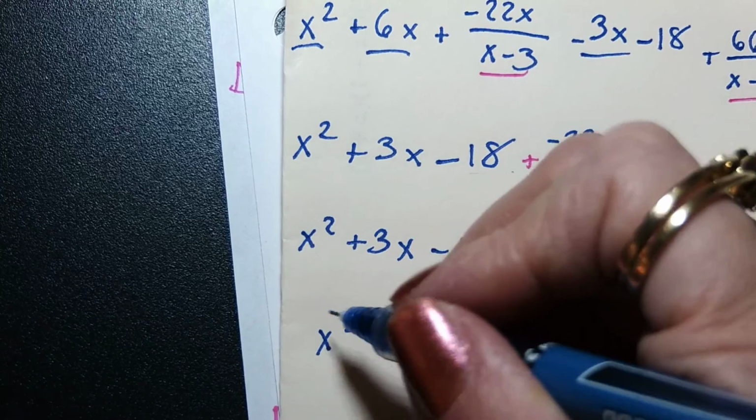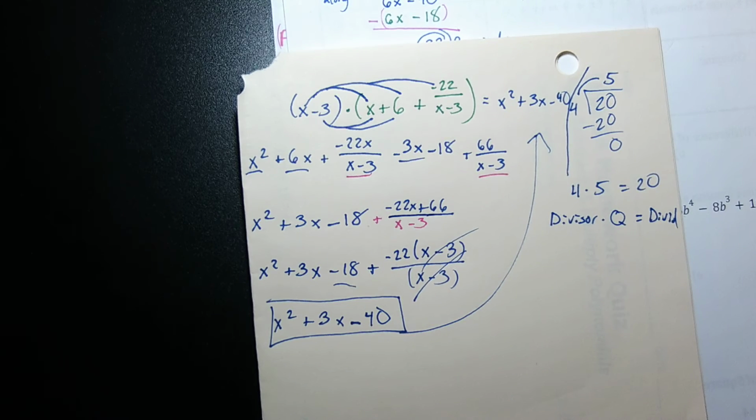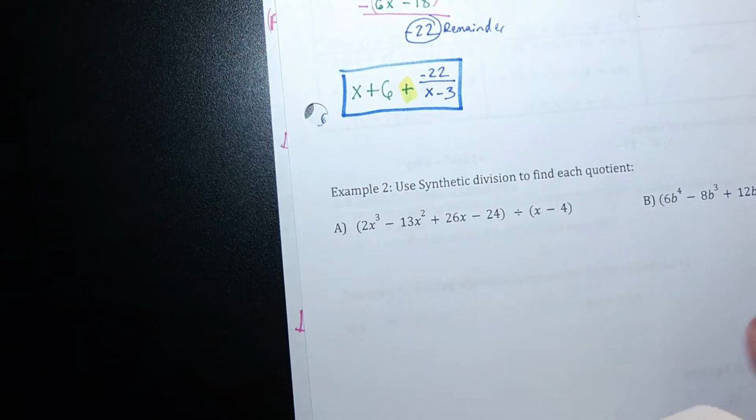Boom! Goes the dynamite. You zoom out. I'm gonna check every single problem. And we did get what we were supposed to get. Do I expect you to check it this way? No, absolutely not. But if you really wanted to, you can check division. The opposite is multiplication. So if you want, you could check your work that way.